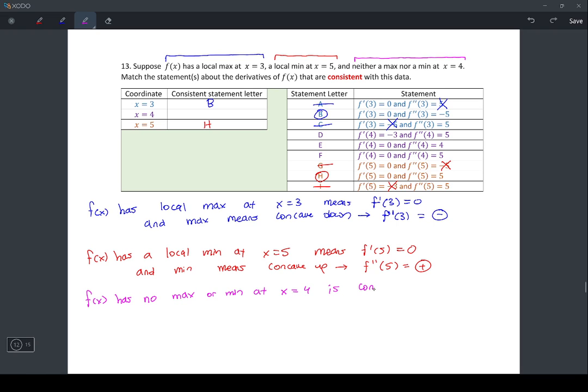That is consistent with f prime at 4 not being equal to 0. So that would be option D.